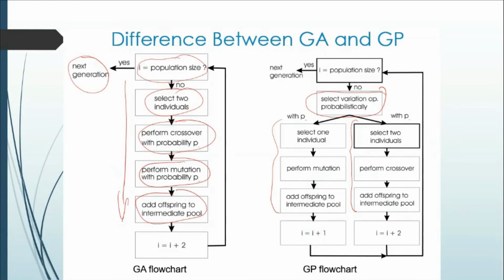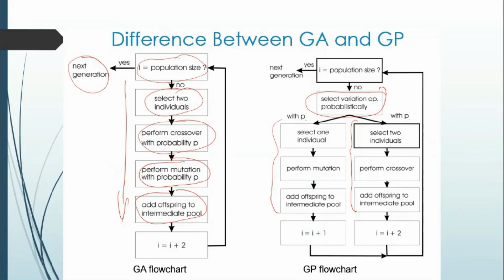The one that goes through crossover does not again go through the mutation operation. So that is the difference. Then the offspring are added to the same intermediate pool, and then the next generation is found out. That is one difference.